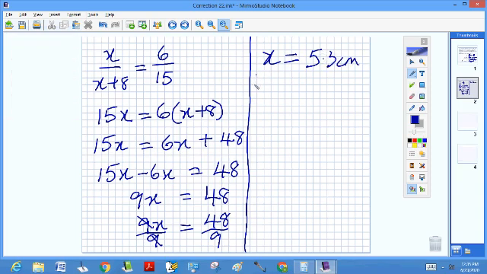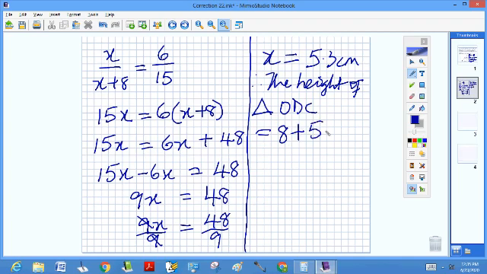So therefore the height of triangle ODC will be equal to 8 plus 5.3, which gives us 13.3 centimeter, correct to 1 decimal place.